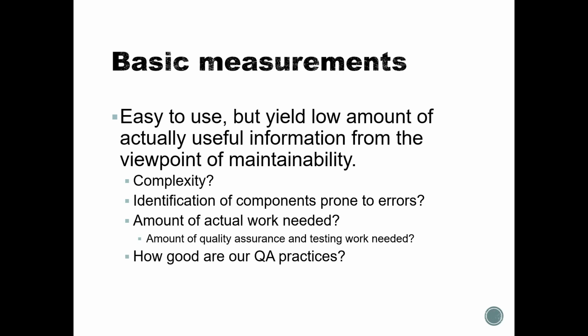For example, on the first lecture, it was mentioned that there's usually the 80-20 rule for all software development. That 20% of the components include 80% of the problems. So it would be wise to identify these things before we actually start development, because then we know what are the things that we need to focus on.